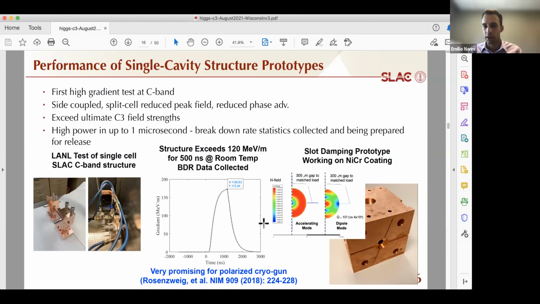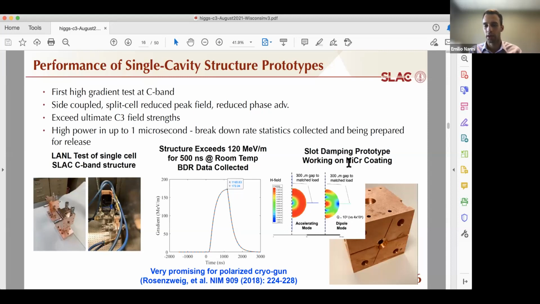The big remaining technical question for us in the structure is how to damp the higher order modes. And we're pursuing an approach that utilizes a tapered parallel plate waveguide that cuts into the side of the structure. This does not really perturb the accelerating mode in any significant way, but it dramatically affects these higher order modes that are produced by the electron beam as it passes through.